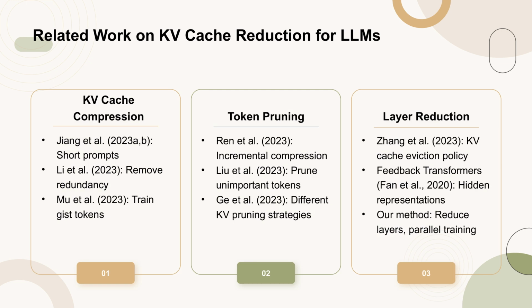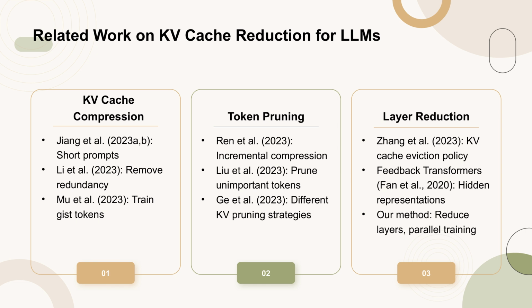In the realm of reducing the KV cache for efficient inference of large language models, LLMs, several approaches have been explored. Jiang et al., 2023a, b, focus on compressing document-level prompts into shorter ones to accelerate model inference. Li et al., 2023, aim to remove redundancy in the input context, while Mu et al., 2023, train gist tokens to replace reusable system prompts.